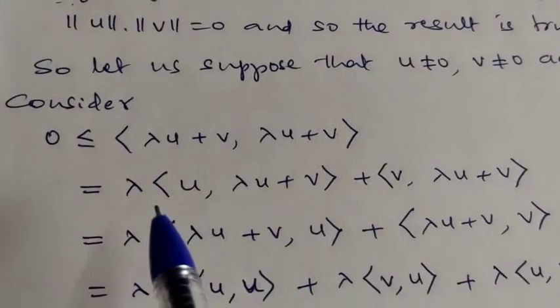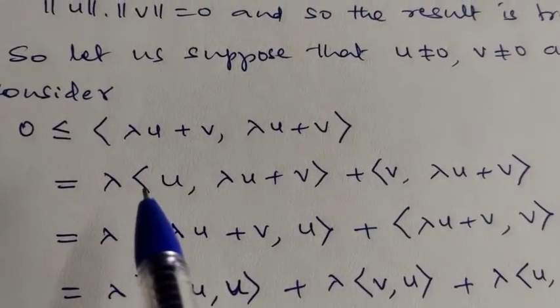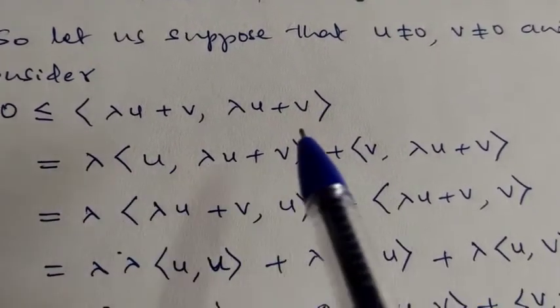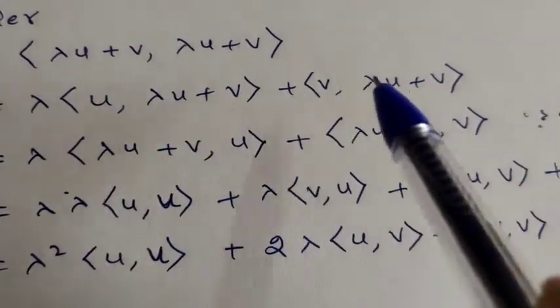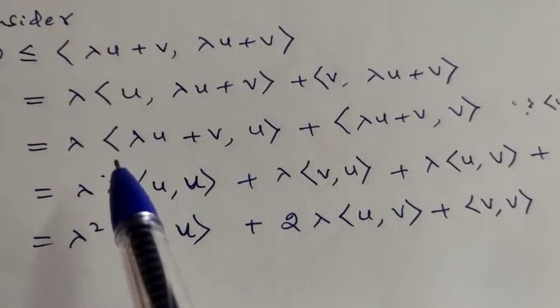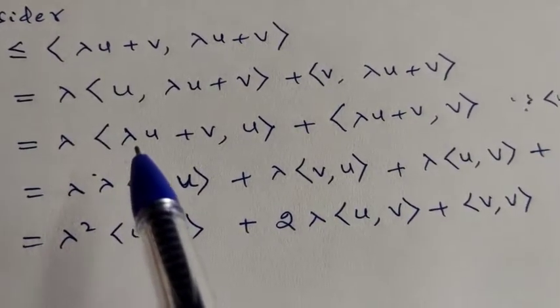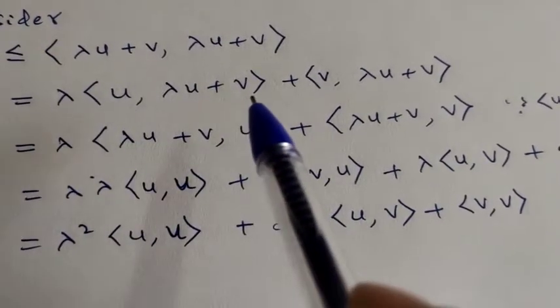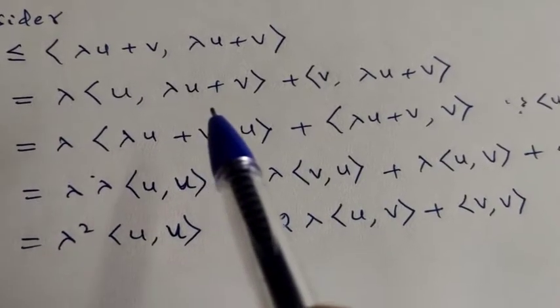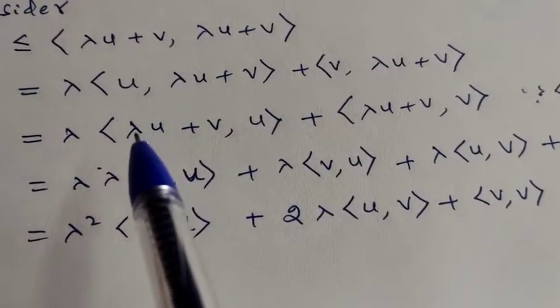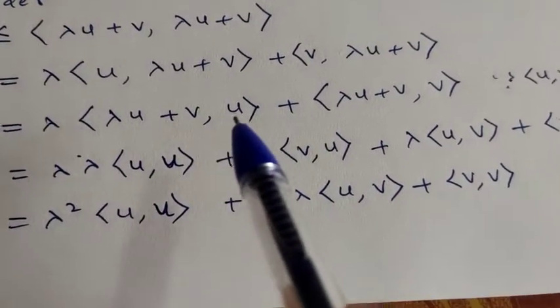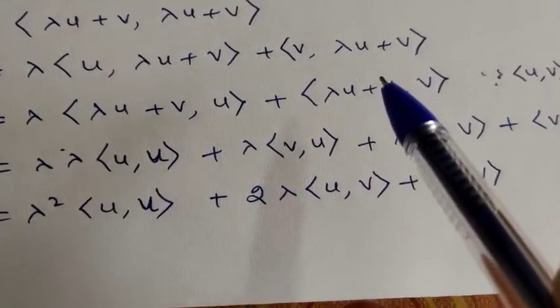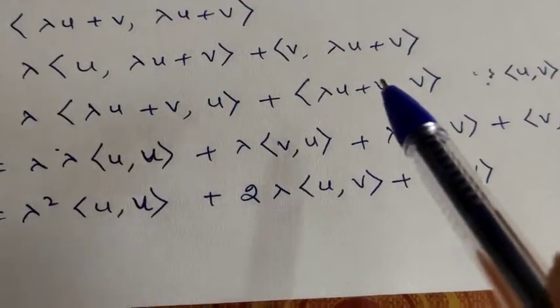So this will be equal to lambda into u comma lambda u plus v, plus v comma lambda u plus v. Okay, that's equal to lambda into, since the inner product is real, I can write u comma v as v comma u. So I have written lambda into lambda u plus v comma u for the first term, plus again lambda u plus v comma v.